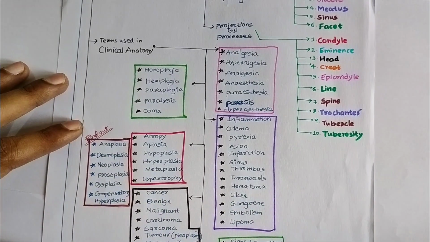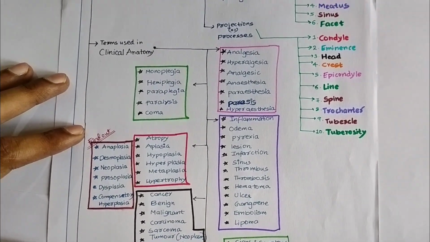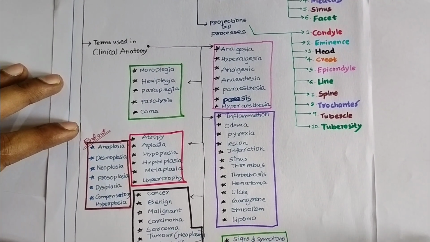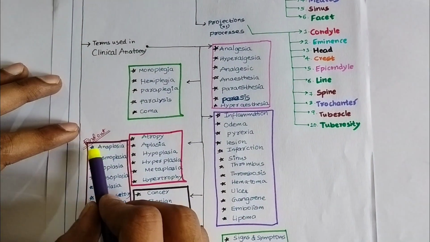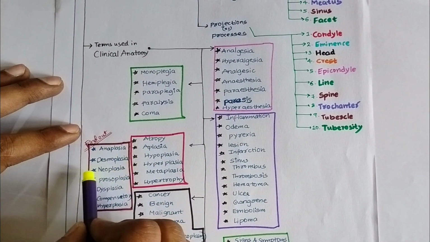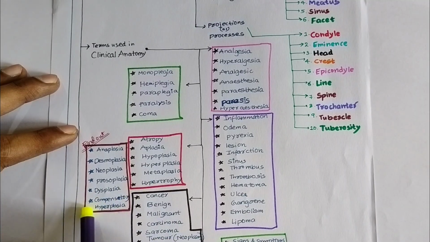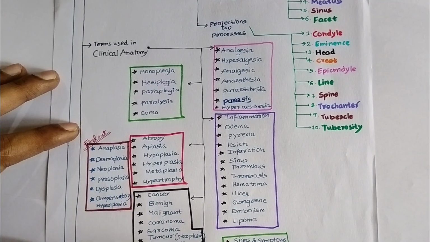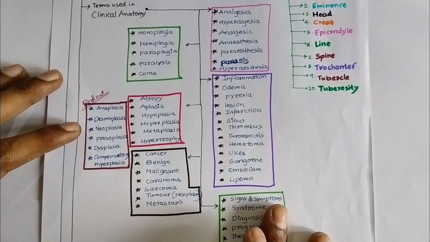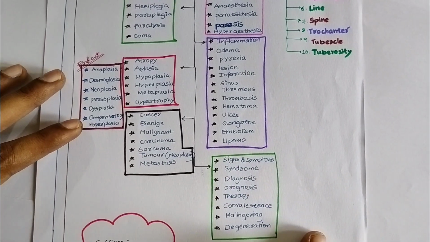You'll encounter them in your field when you go to the clinical postings. You'll encounter everything: anaplasia, desmoplasia, neoplasia, prosoplasia, dysplasia, compensated hyperplasia. These terms you should know as a doctor, as an upcoming doctor.